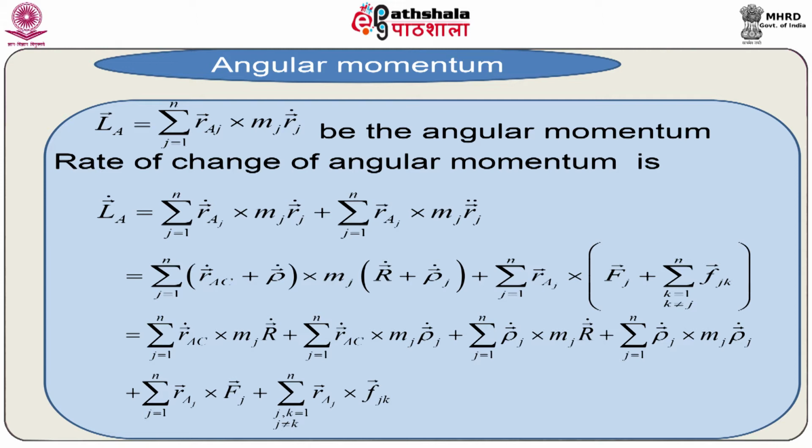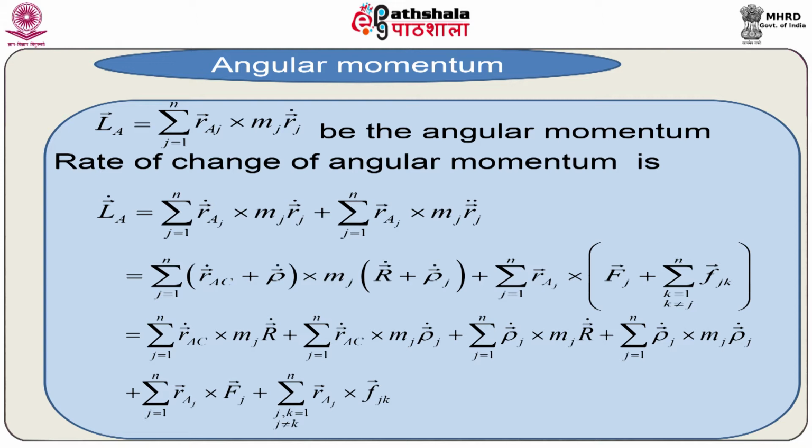Now, let us discuss angular momentum. Let LA vector be the angular momentum of the system of particles with respect to the point capital A. As angular momentum is the moment of linear momentum, angular momentum is given by this one, the cross product of the linear momentum with the distance.